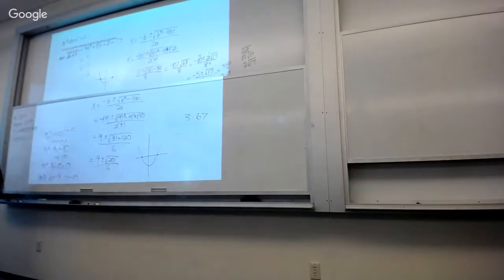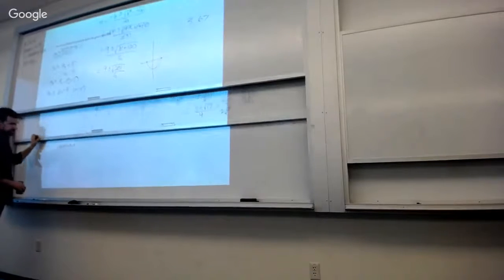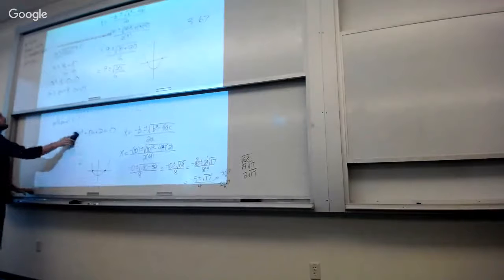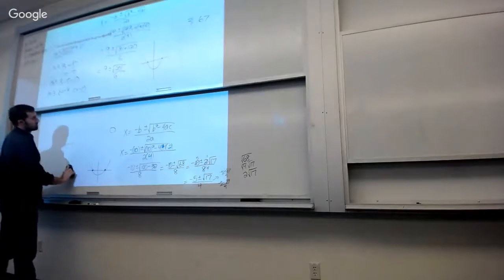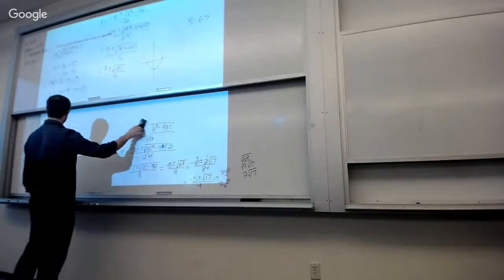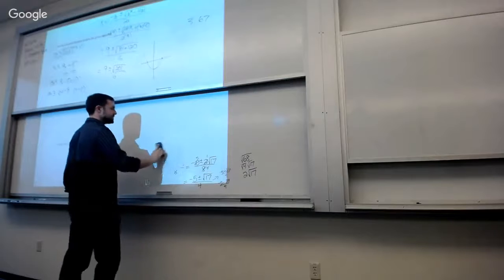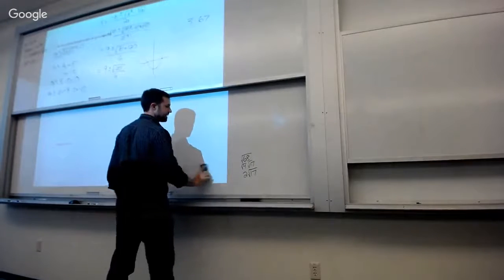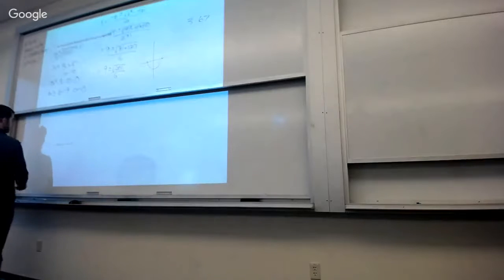Which one would you folks like to see, 25 or 26? They look kind of the same, don't they? They sure do. They both are ax squared plus 7x. I'm torn. I kind of want to do 26. What's the difference between 25 and 26? Which one did you do?